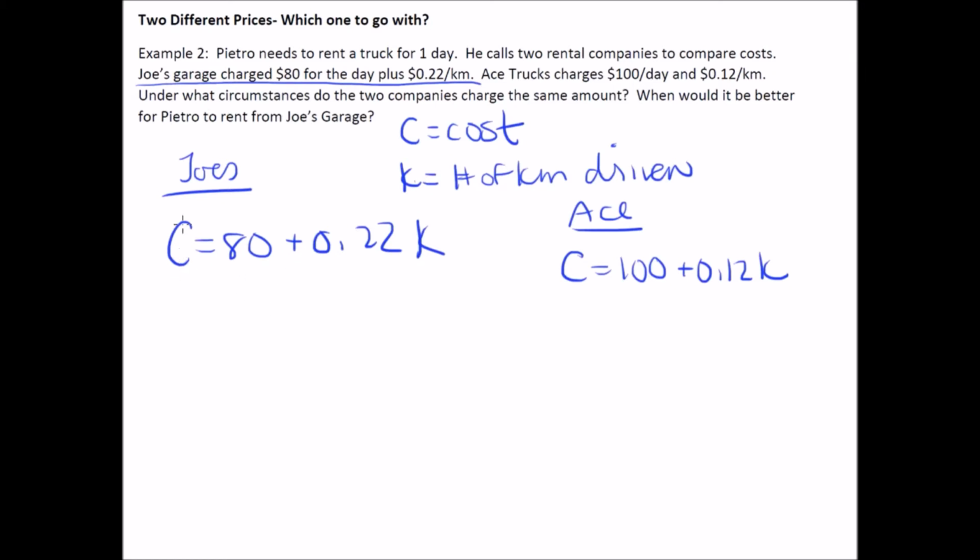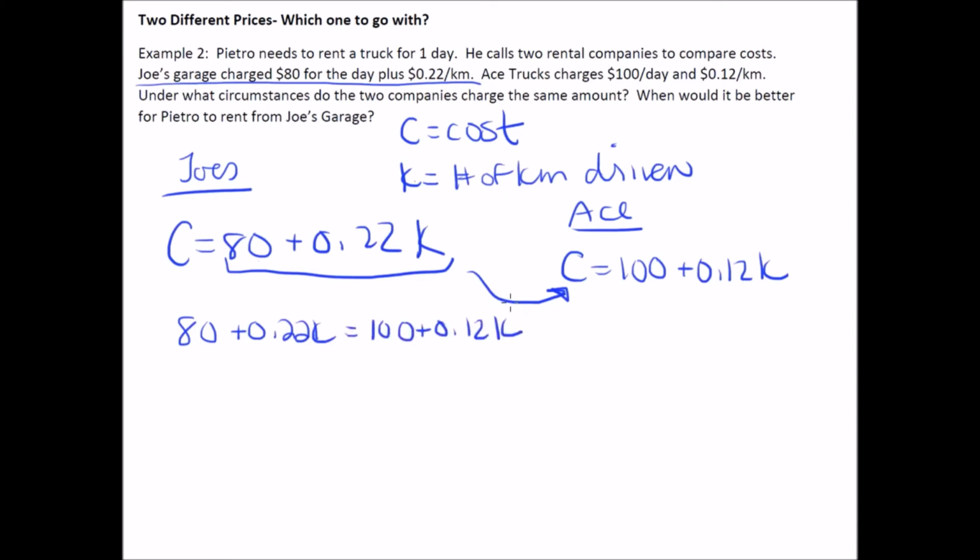We've seen this before when the c is already isolated. So what we have to do is we have to take this and set it equal. We can technically sub it in here or just set the two c's equal to one another. So let's go 80 plus 0.22k equals 100 plus 0.12k. Okay, and our question, what we're going to try to find out is under what circumstances do the two companies charge the same amount?